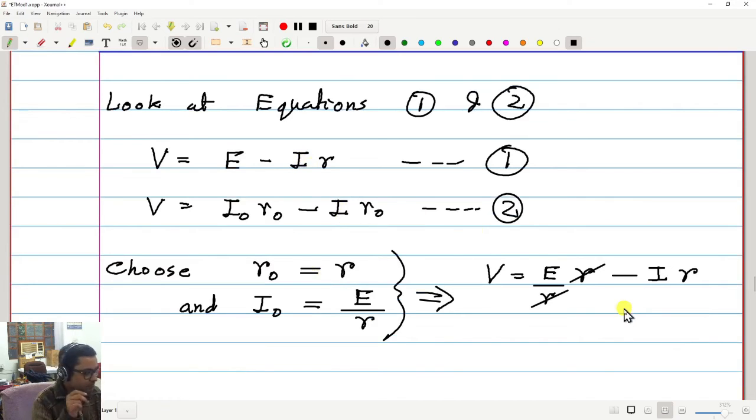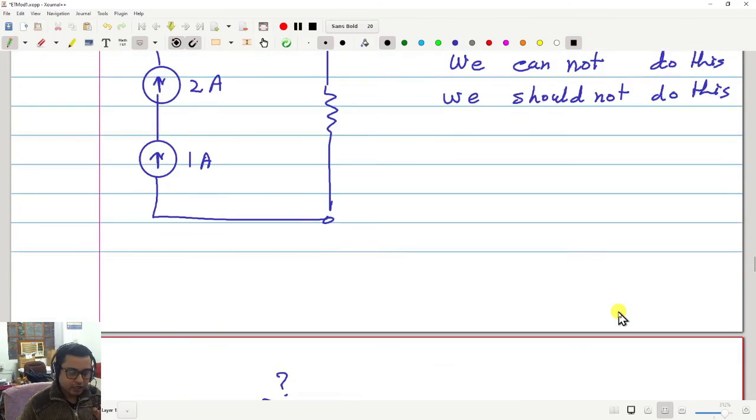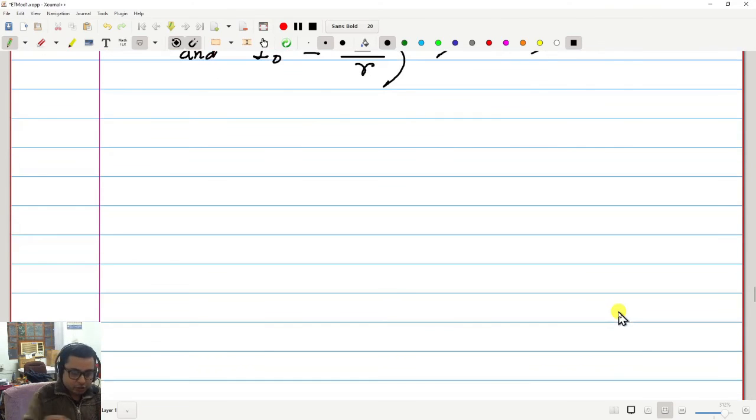Sir, can you repeat that? Yes, I will repeat. What I said is, let me draw. Suppose I have a practical voltage source whose EMF is E and internal resistance is R, plus minus.